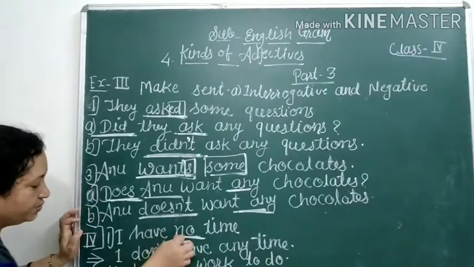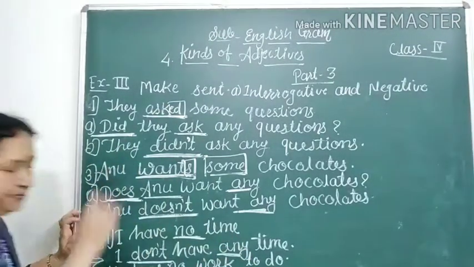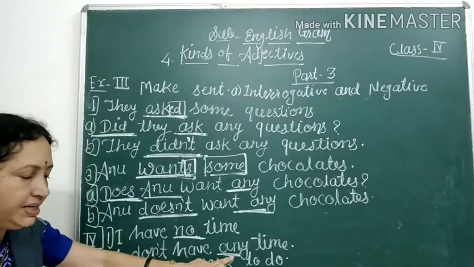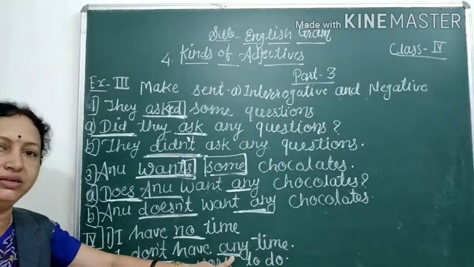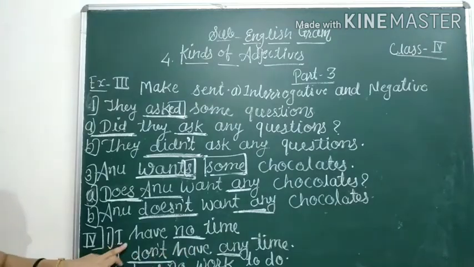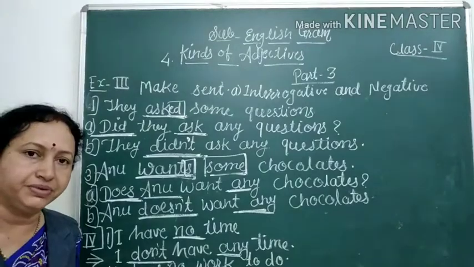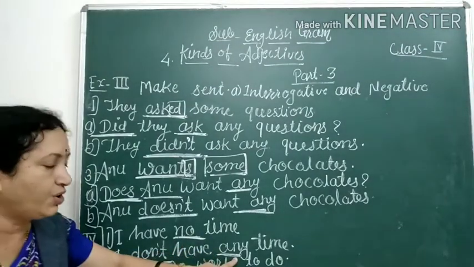Instead of this no, we use not any, because in a negative sentence we always use any. So, I have no time. I don't have any time.